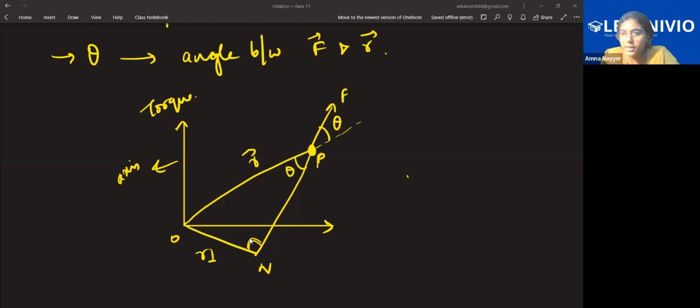All right, now see. Let's look at this triangle, triangle ONP.